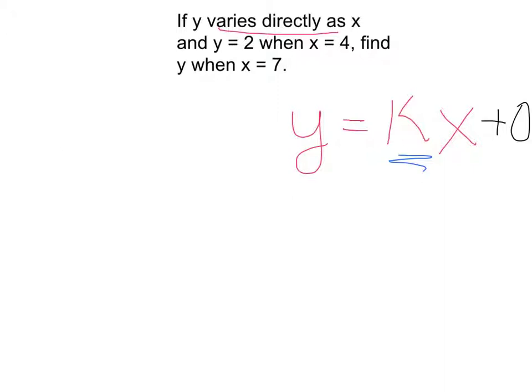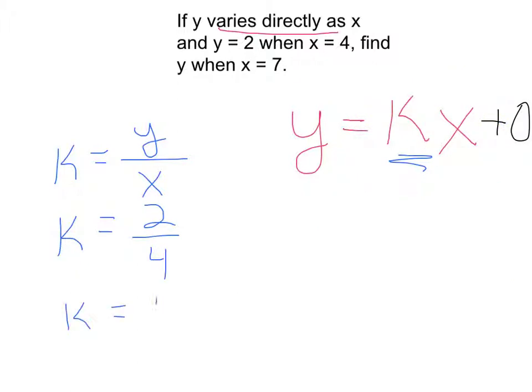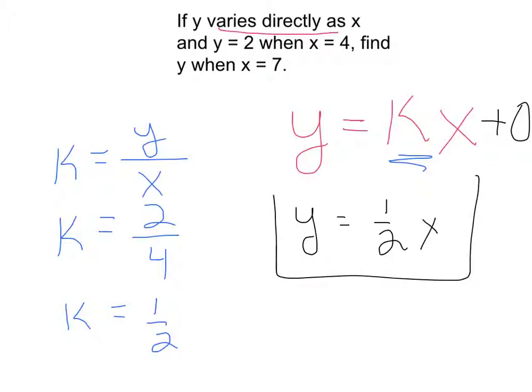Well, we know that k is just equal to y over x, almost like my slope equation. So k is actually equal to 2 divided by 4, so in this case it's 1/2. That being said, I can write the equation y equals 1/2 x, and there's my direct variation equation.